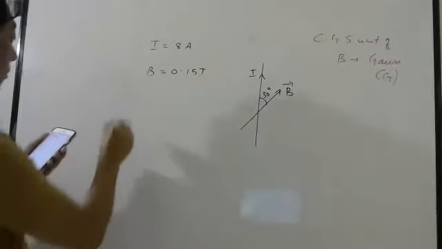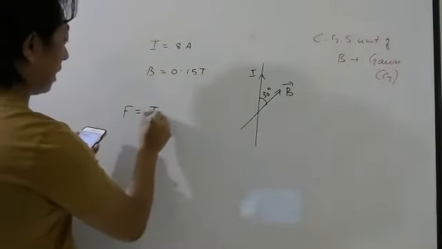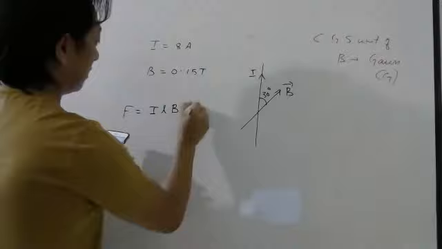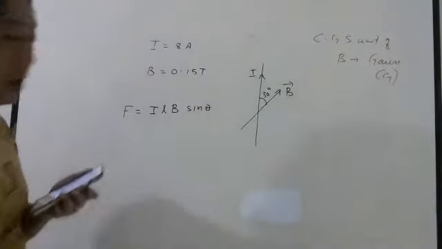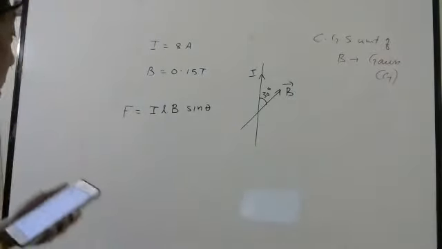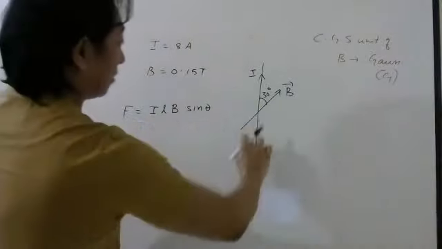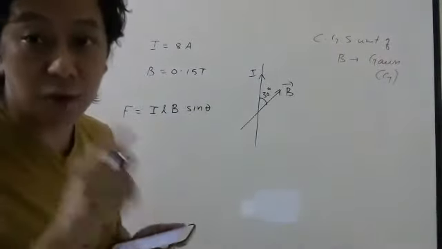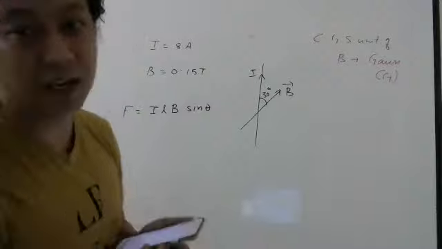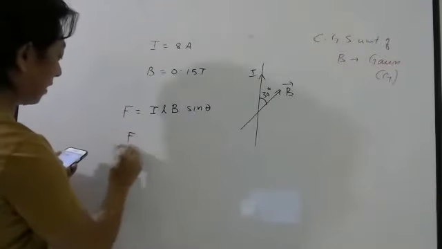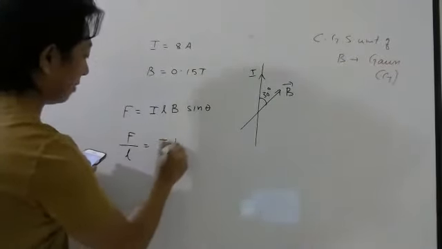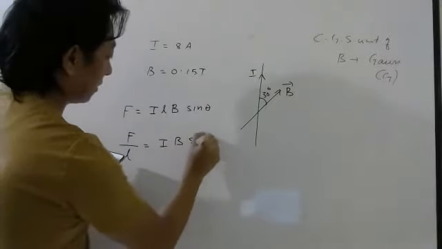Okay, so the formula for force is what? ILB sine theta. Here length of the wire is not given because they want force per unit length, that is force divided by length. That will be IB sine theta.